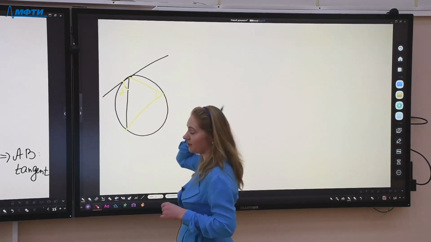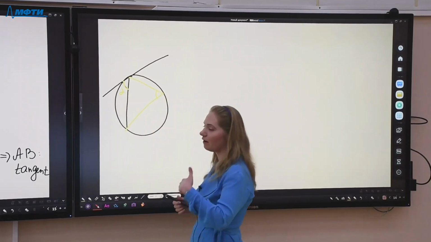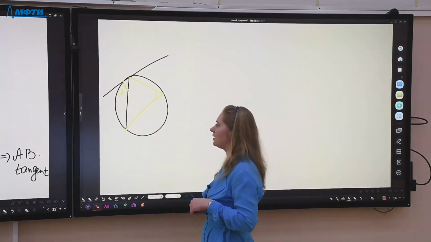Or it's better to say that this angle is half of the central angle corresponding to this chord.